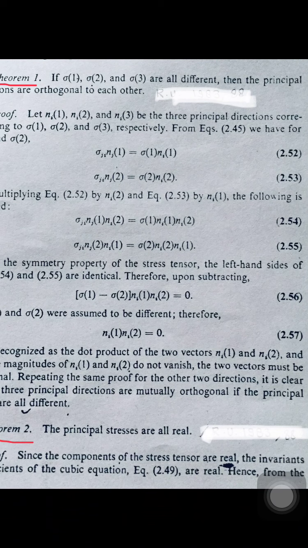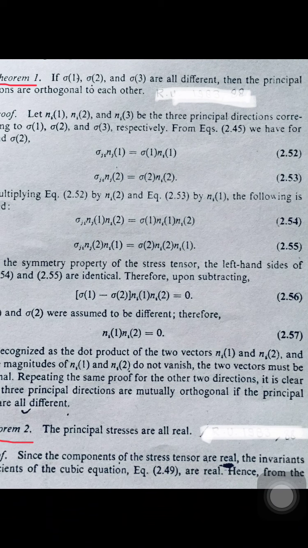Therefore, after subtracting, we get equation 2.56, in which both ni1 and nj2 are common. Taking the common part out, we get sigma 1 minus sigma 2 in the bracket, times ni1 nj2, equals 0.